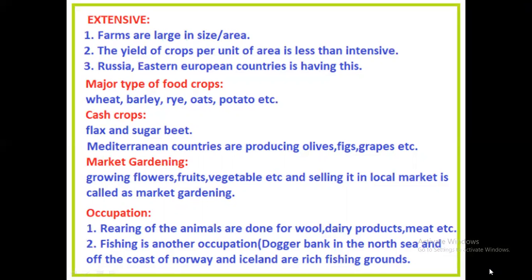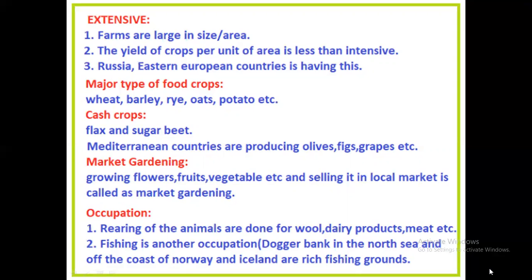Talking about occupation, rearing of animals is done for major purposes such as wool, dairy products, meat, etc. So rearing of animals is one of the occupations of the people living here. Second occupation is fishing.